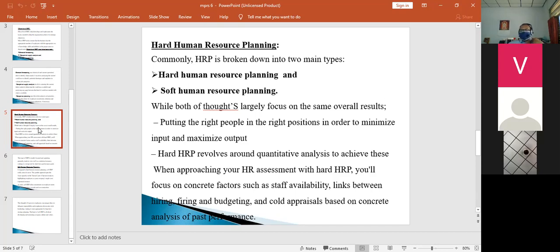So here staff availability is the required number of employees available. Next, hiring in the sense recruiting a new person, firing, terminating, in the sense making the employee move out of your organization.